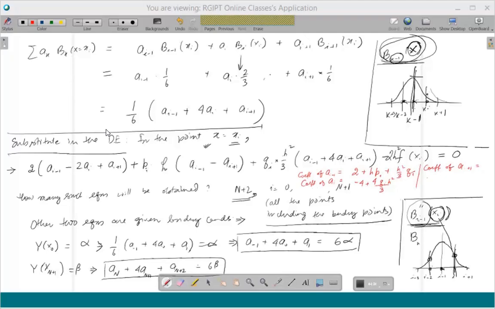So this will be 2 minus h p_i plus h square q_i by 3.